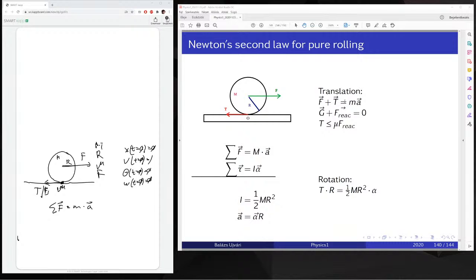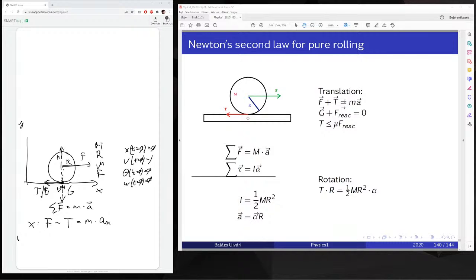What are the forces? Let's create a coordinate system like x and y. What about x forces? So along the x, we have this force, how we pull it, F, and minus T, which is also along the x-axis, but it's opposite to the positive direction of the x-axis. This will be m times a_x. For y, we have a weight and also a reaction force.